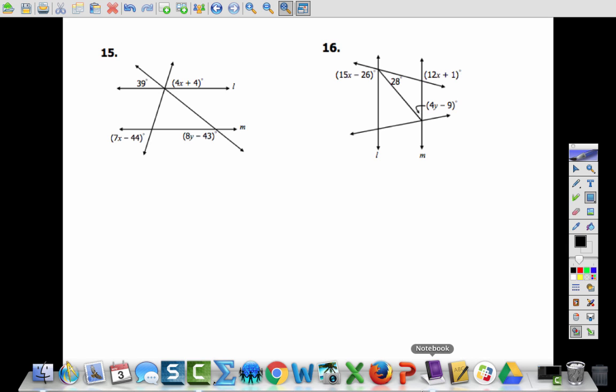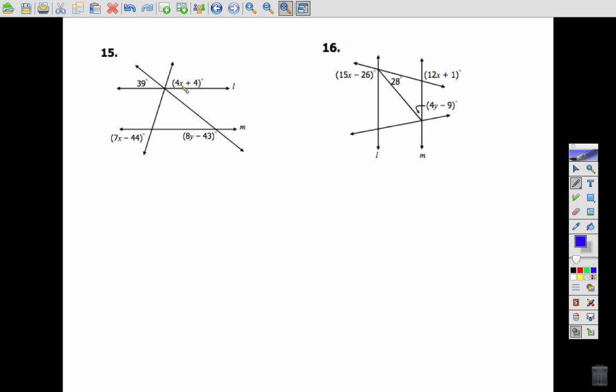So what's the setup here on the 15 on the left here? What do I know? I know this angle is 39. And if I know this angle is 39, this angle here must be 39 degrees because they're vertical angles, right? I also know if this is 7x minus 44, this angle here and this angle on top are alternating exterior angles.